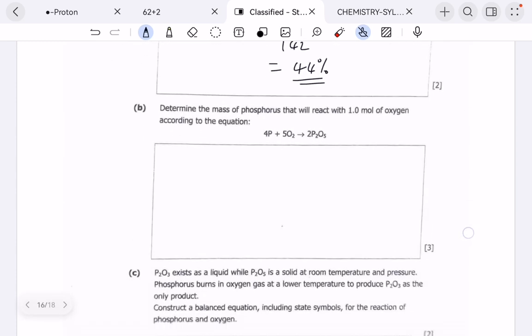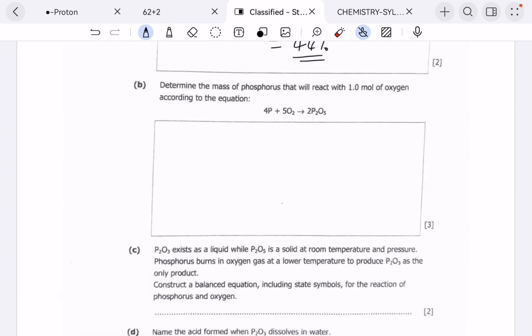Then the second question requires us to determine the mass of phosphorus in this given equation. So before we find the mass, we have to understand the stoichiometric relationship. So we say the number of moles of P, its coefficient is 4, is equal to the number of moles of oxygen, its coefficient is 5.